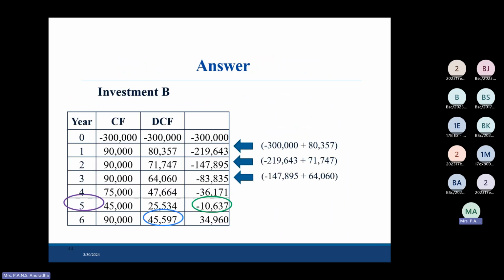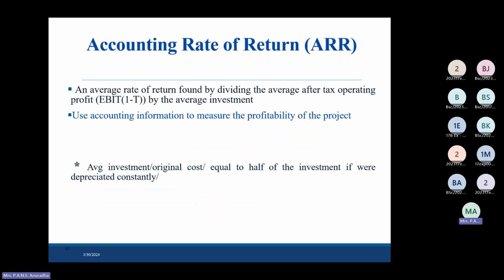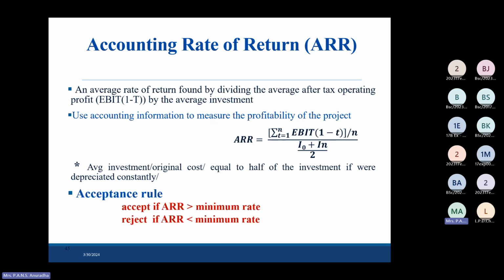I think we did this already. The accounting rate of return is based on the accounting profit. You can calculate it as average profit after tax divided by average investment. You can see on the screen, we are using profit after tax, net profit, not the cash flow, divided by average investment.